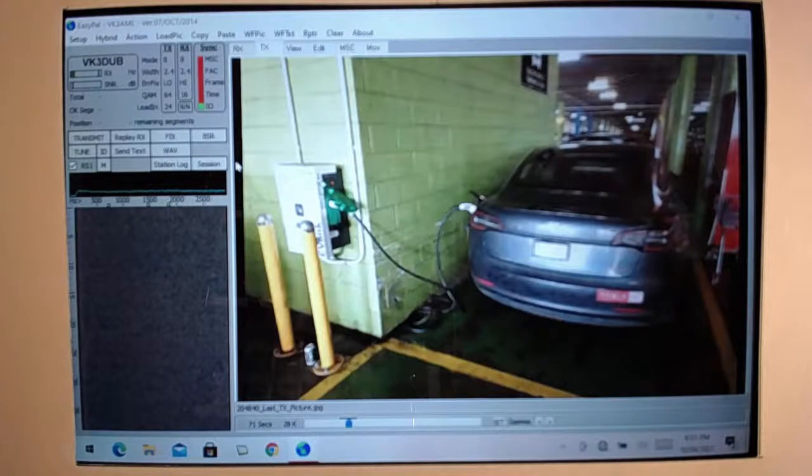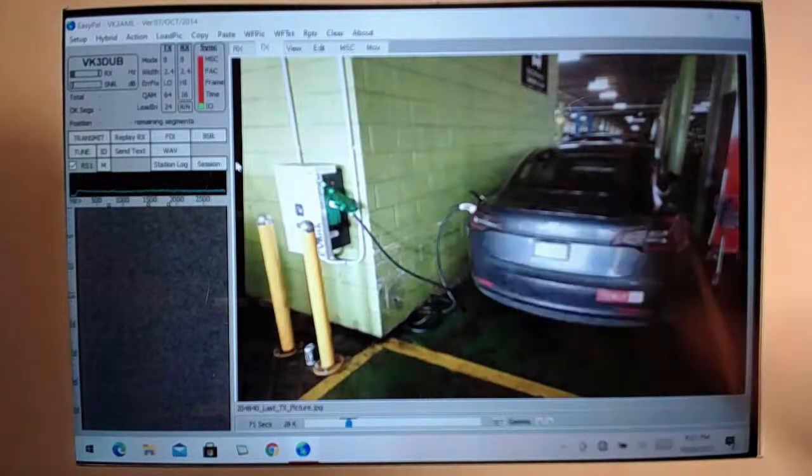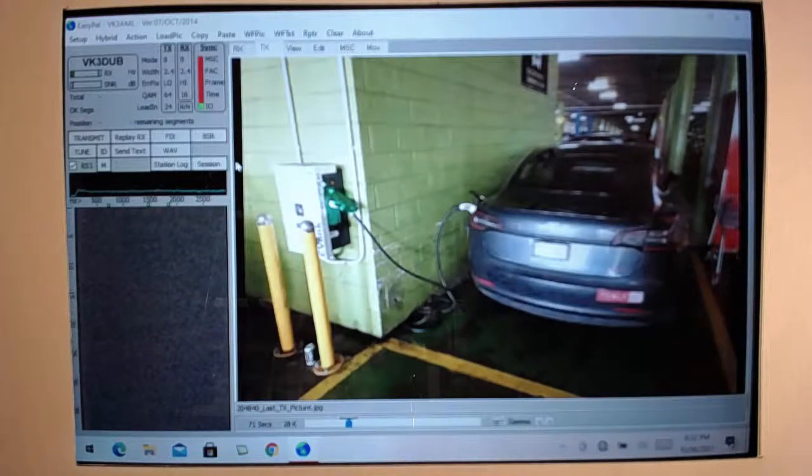What I'm doing at the moment is on the other computer I'm transferring photos into a memory stick so I can put them into this computer and then transfer them onto EasyPal for conversion into an audio stream on 2 meters.